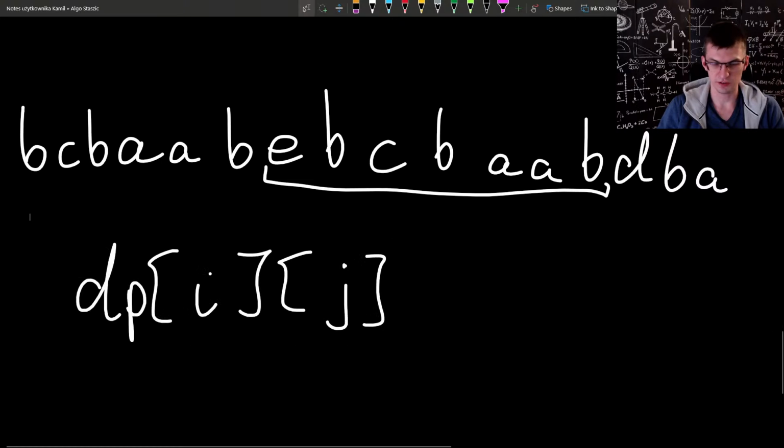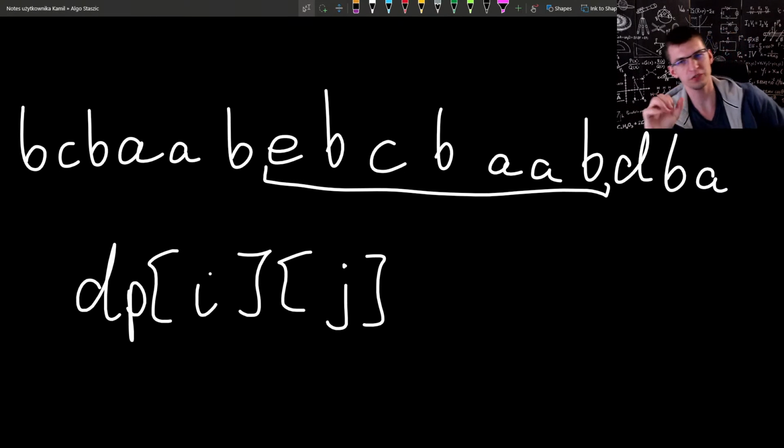Yeah, so dp of ij. There are two paths towards a solution now. One is to make a few observations, and the other is something I already told you when we solved some previous problem about stamps.